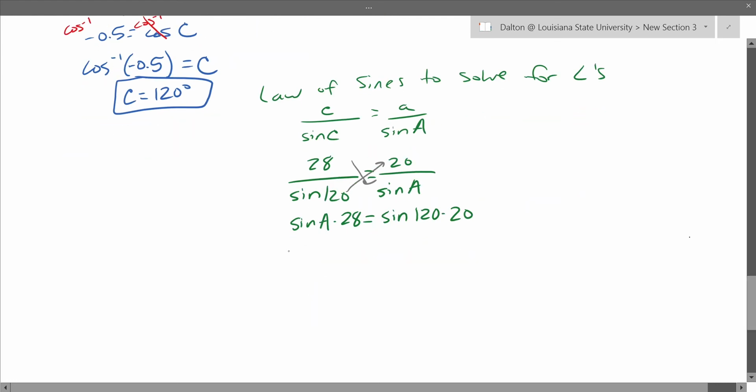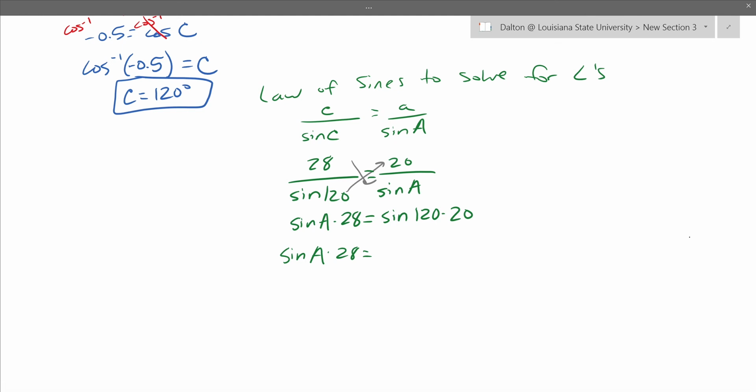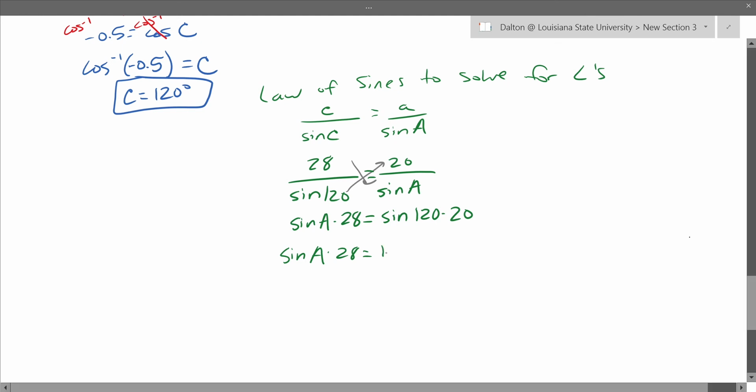And then you get the sine of A times 28 is equal to the sine of 120 times 20, which is about 17.3. Again, you get a long number. So then when you do that in your calculator, leave that number stored in your calculator and then hit divided by 28.